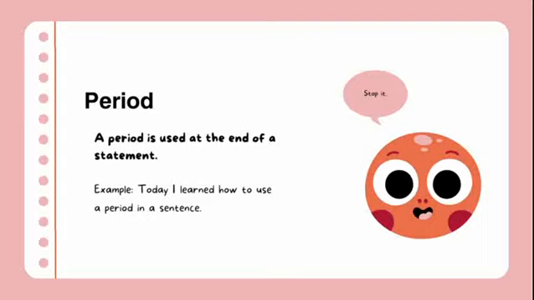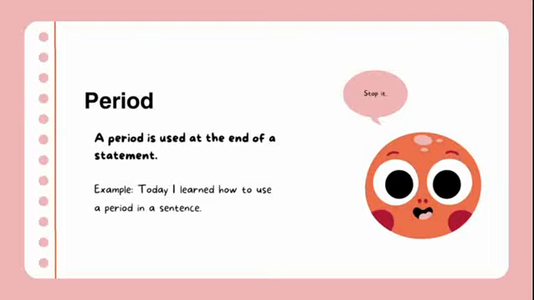A period is used at the end of a statement. That is, it is the punctuation mark that is used at the end of a declarative sentence. We call it period to indicate the end of a statement. For example, today I learned how to use a period in English.